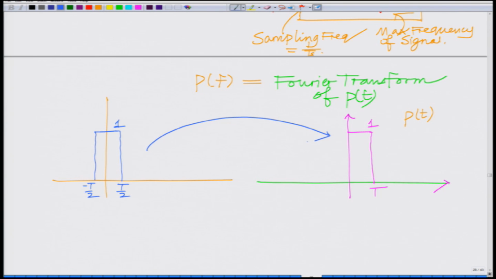If I shift this by t, rather t by 2, correct, if I shift this by t by 2 or delay, rather I should say, delay by t by 2.